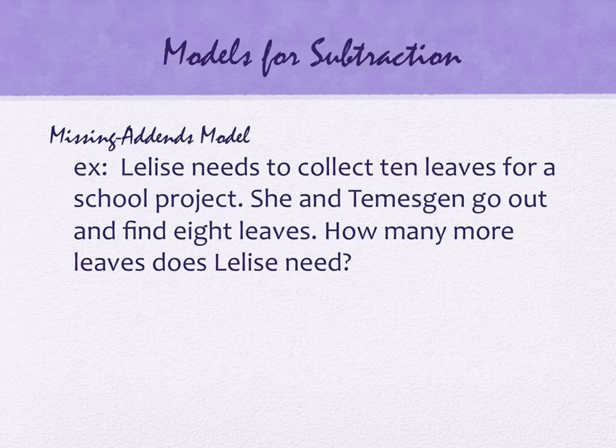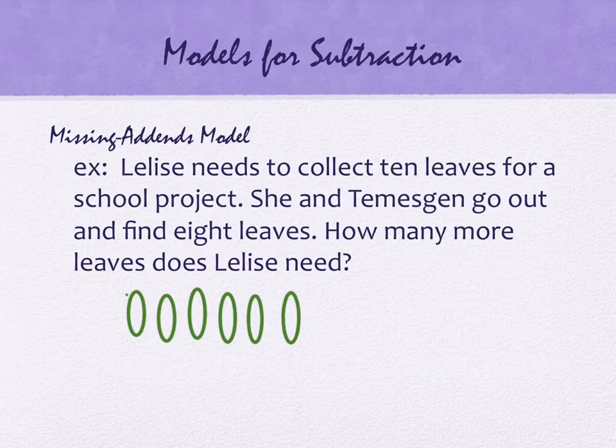So in terms of the picture for this, the way that you usually see these drawn is you see the number that they already have. So in this case, they have 8. I know these do not look like leaves at all, pretend. We're going to make them look kind of long. Okay, so here's 8 leaves I have.